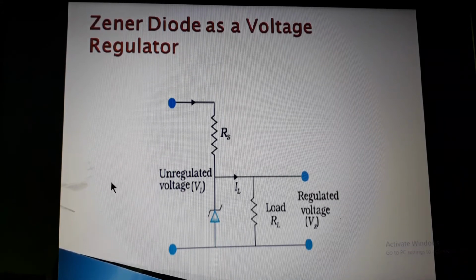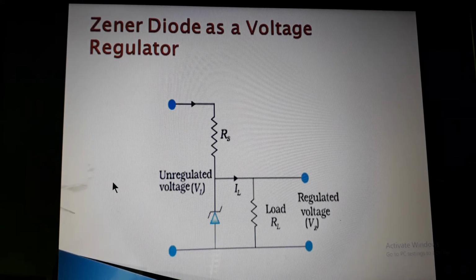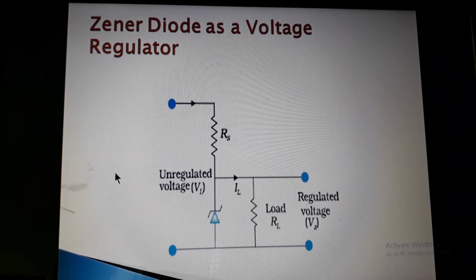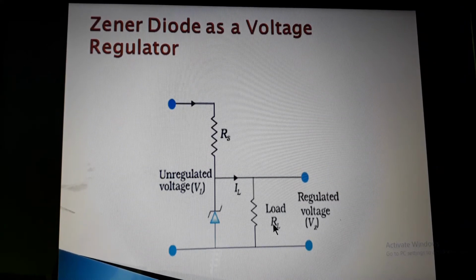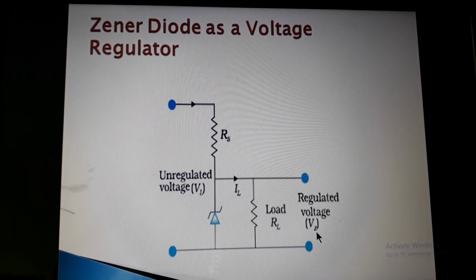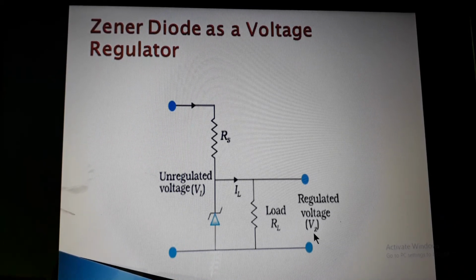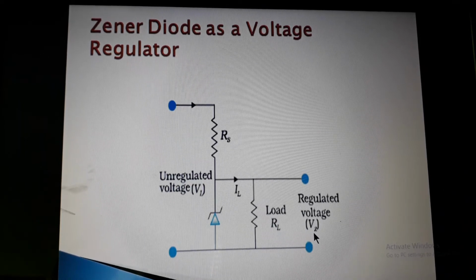Unregulated means it changes, from 5, 6, 7, 8, 9, 10. This is a series resistor, this is the symbol of the Zener diode, and a load resistor RL, and you will get the regulated voltage Vz here. Regulated voltage means constant voltage.